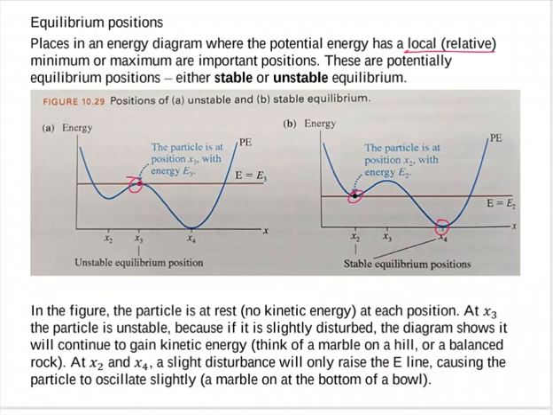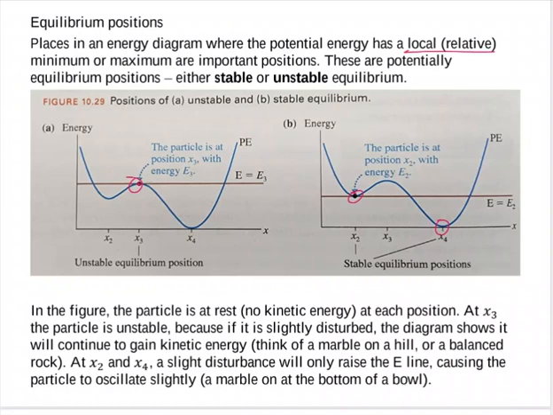That's where we want our equilibrium positions to be. Very stable, no problem. The particle is at rest with no kinetic energy. So it's just sitting there at each position. X3, unstable. X2 and X4, very stable. The marble on a hill, unstable. Balanced rock, unstable. Pencil on its edge, unstable.